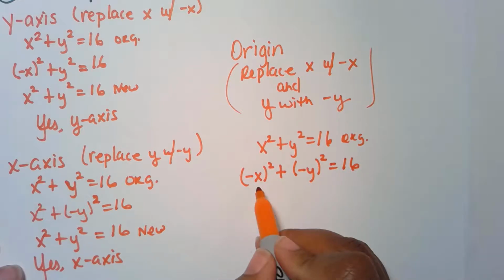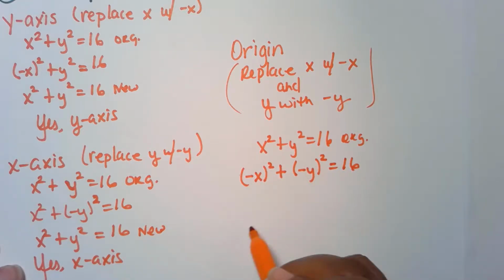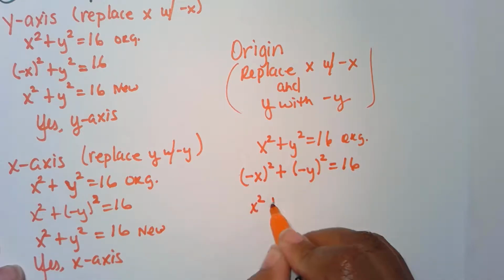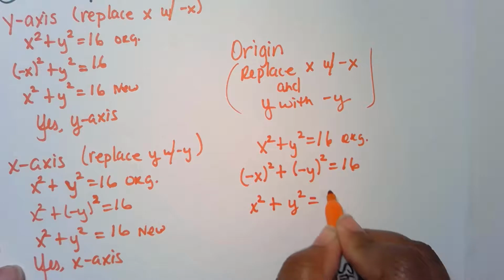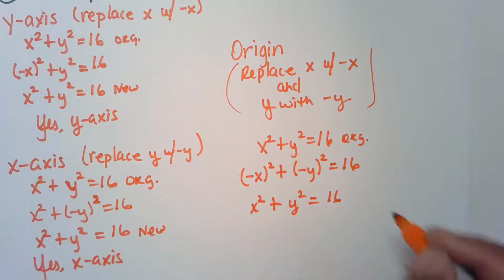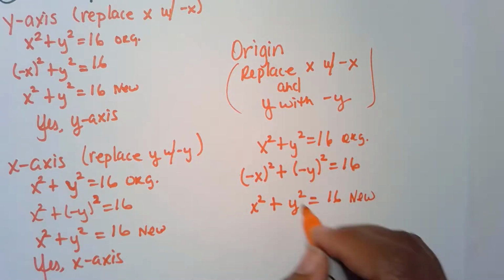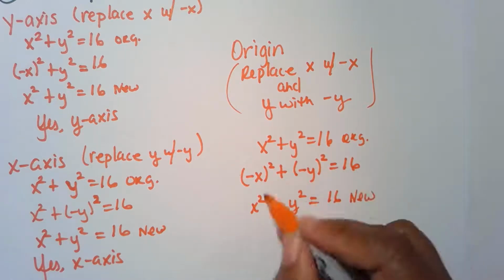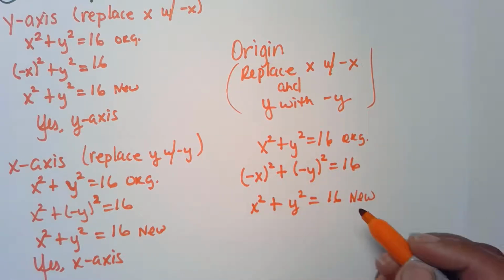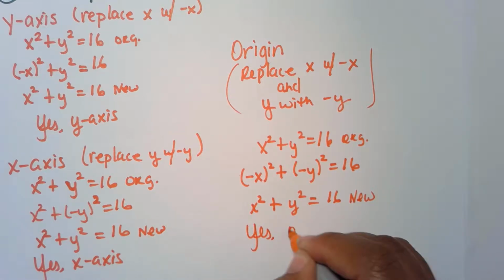Raising both the quantity of negative x and the quantity of negative y to the power of 2 will yield positive values. So we have x squared, that's positive, y squared, that's positive. So our new equation matches or is the same as the original equation. So we would say yes, it's symmetric with respect to the origin.